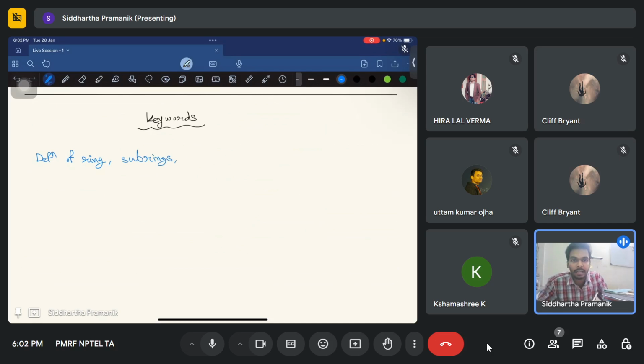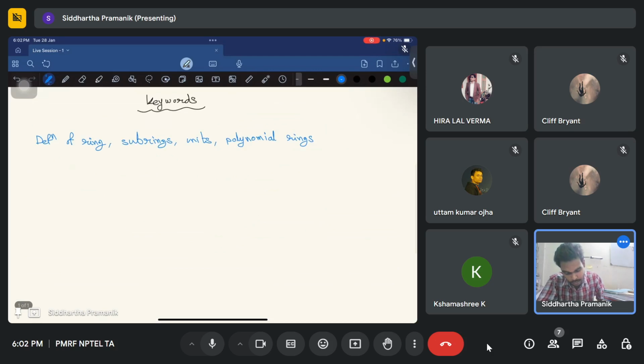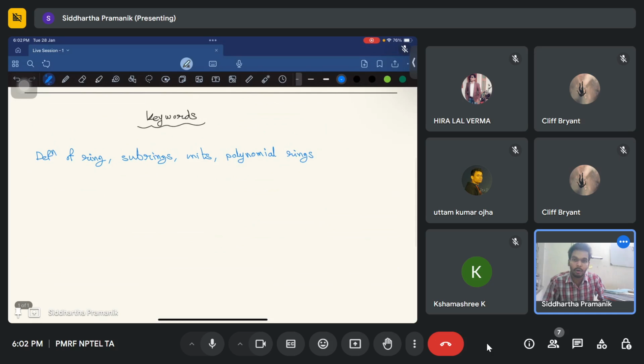After that, he defined a special type of element known as units. And then he mentioned a special type of ring known as polynomial rings. In polynomial rings, he defined what is meant by monic polynomial, monomials, and degree of a polynomial, all those things. And then he taught how to do division in polynomial rings.